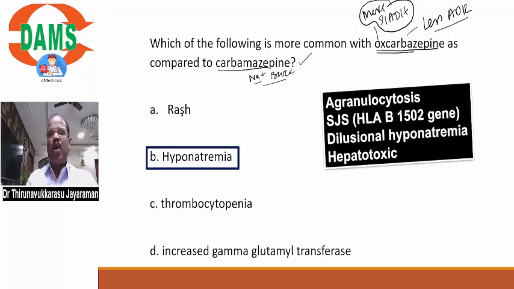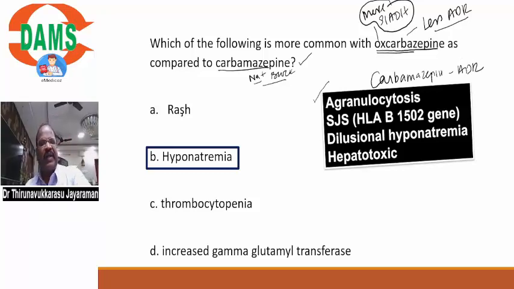Now look at this. Carbamazepine. Generally, carbamazepine causes adverse effects, number one, bone marrow suppression, like causing agranulocytosis, anemia, thrombocytopenia, and severe Stevens-Johnson syndrome, skin rashes, especially in patients having the HLA-B1502 gene.